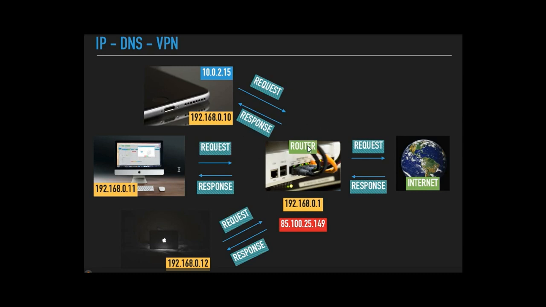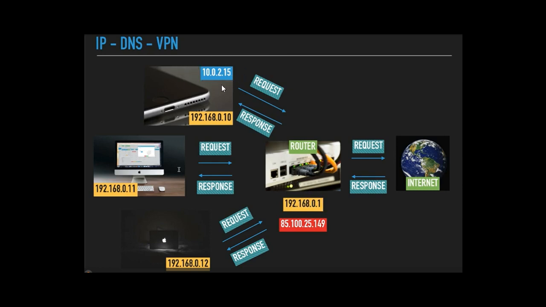So right here you can see this is a router, and your device sends a request to get a response from the internet via the router. The router has its own IP address right here. But this IP is going to be determined by your parent network.